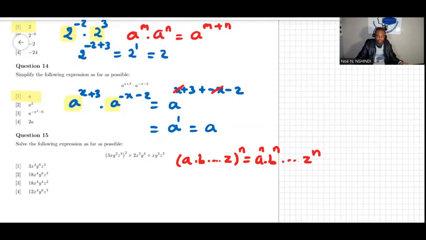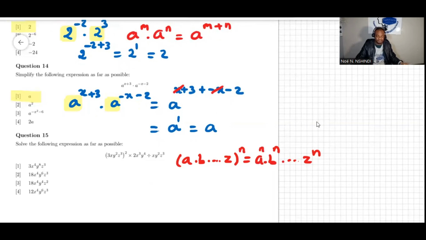So in the product here and then the exponent out there, this exponent is for each letter or each variable or each constant within the parentheses, so within the bracket.